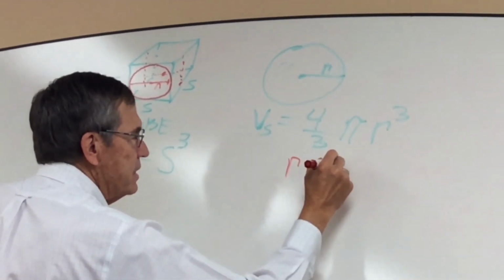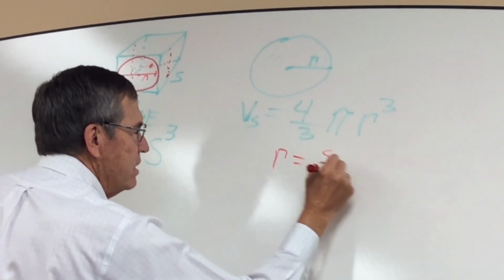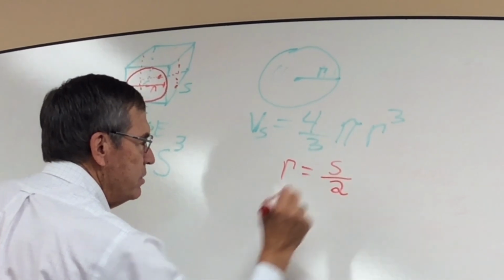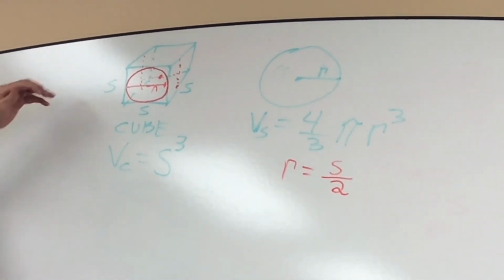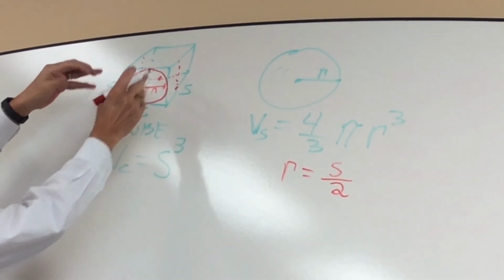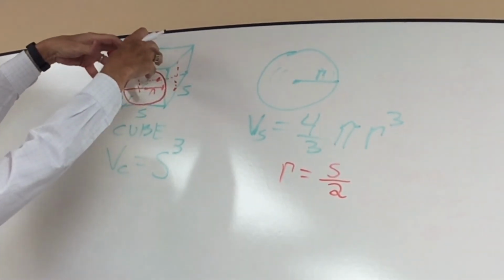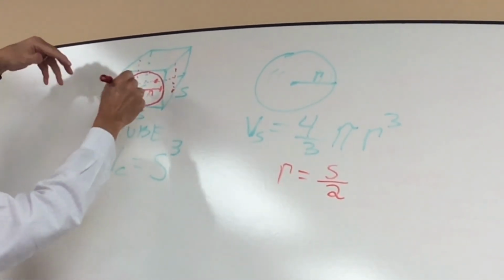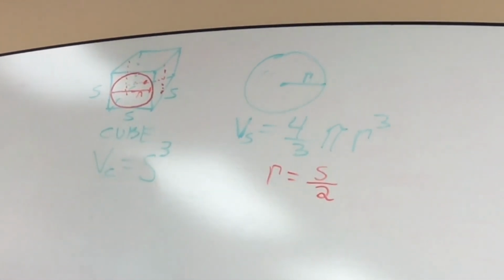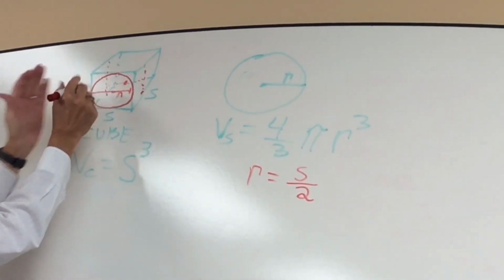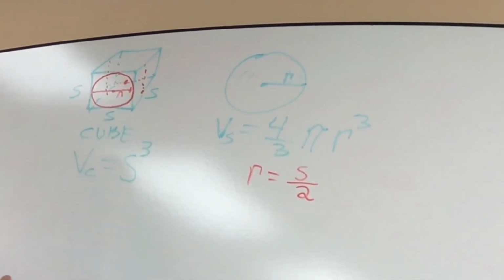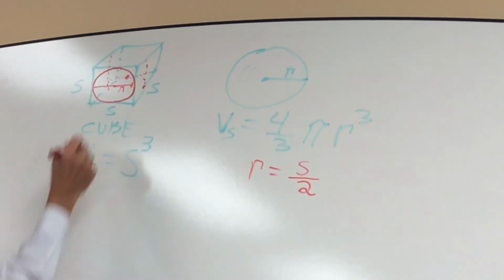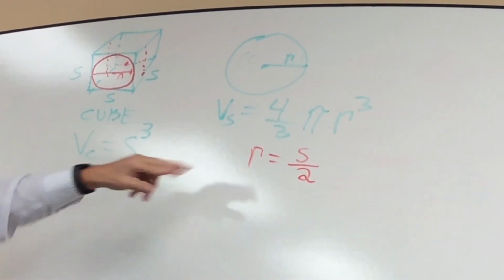So radius is equal to side divided by 2. All right? Again, repeating that, the center of the sphere is going to be the same as the center of the cube. And if we project that, then all the way across is the diameter. Half of that is the radius, and that would be s over 2.